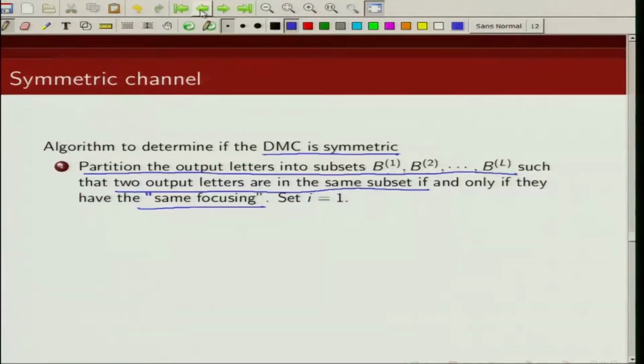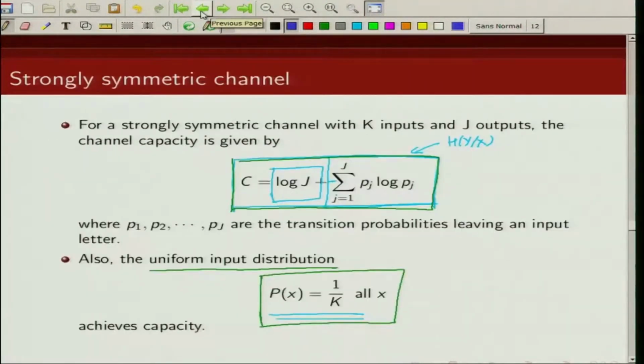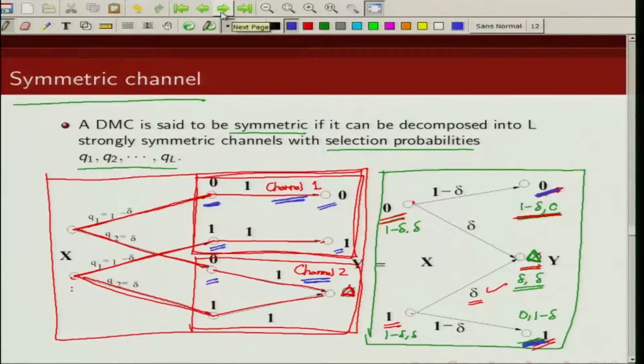So for example, if you go back and see this example, we are reaching here with probability 1 minus delta, 1 minus delta, and so the dispersion is common. Whether we are going from 0 to 1, we are selecting this channel with probability 1 minus delta, whereas this particular channel we are selecting with probability delta.